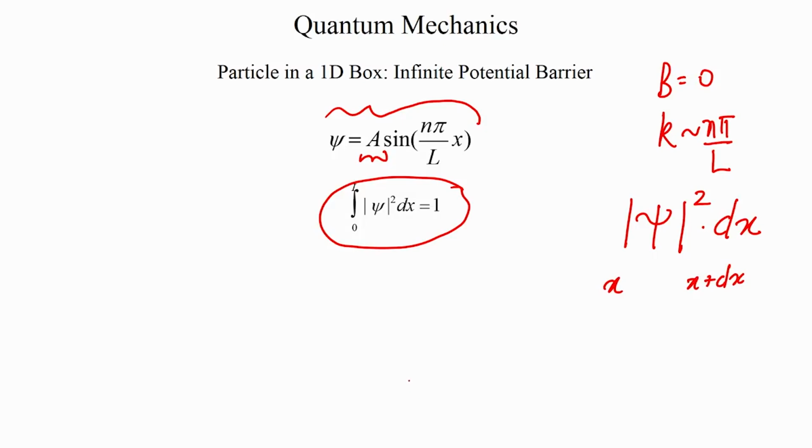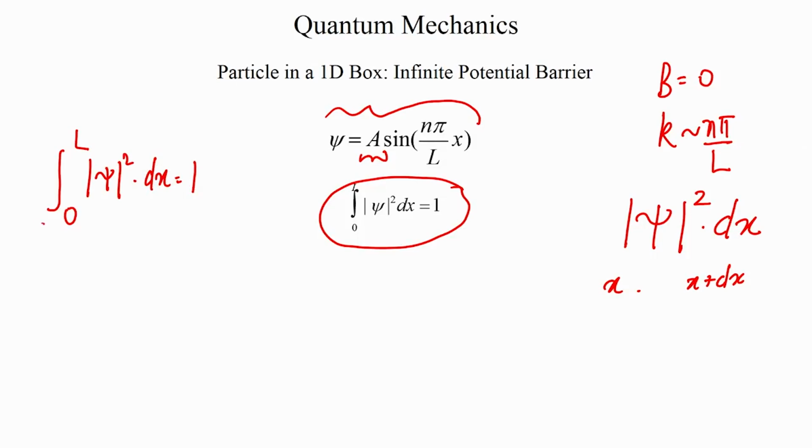We have already said that it does not exist outside the box, which implies that the particle must be existing inside the box. So the probability that the particle exists somewhere inside the box is the summation of all these little minuscule probabilities, which is simply the integral from 0 to L of all these little probabilities, and that is 1.